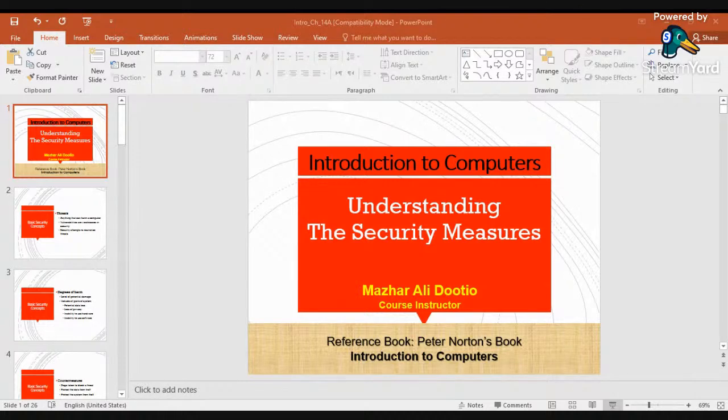Now, loss of privacy means personal information is stored electronically. When we generate an email, we enter our personal information. When we generate an account on social media, we enter our personal information. When we generate an account for any bank or any office, we enter our personal information.